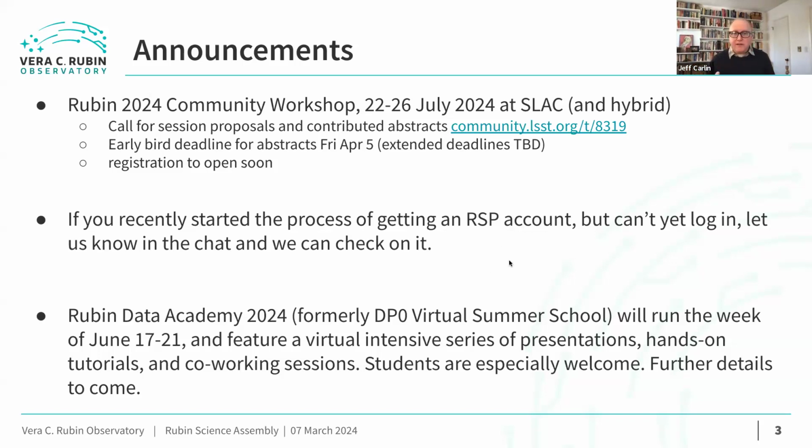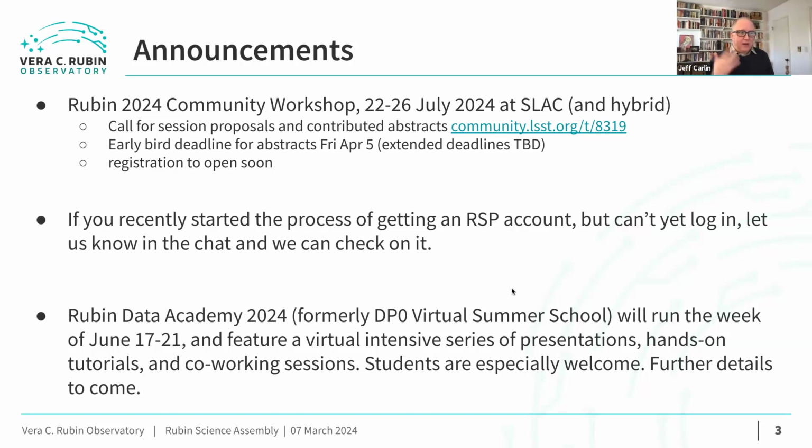And finally, I wanted to mention that we have a Rubin Data Academy coming up this summer in June. This is sort of the equivalent of what last year we called the DP0 Virtual Summer School.